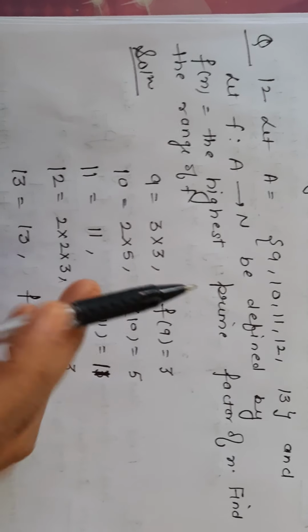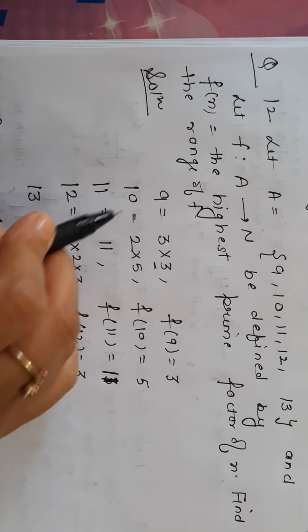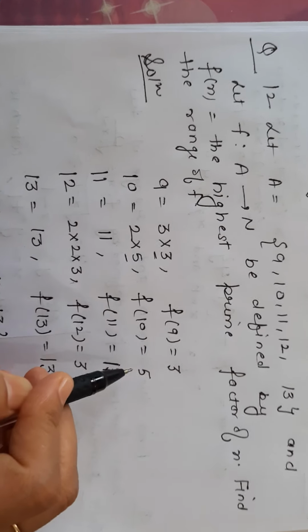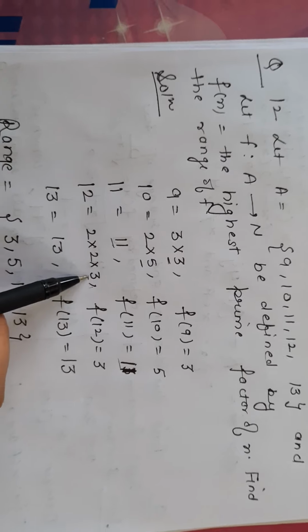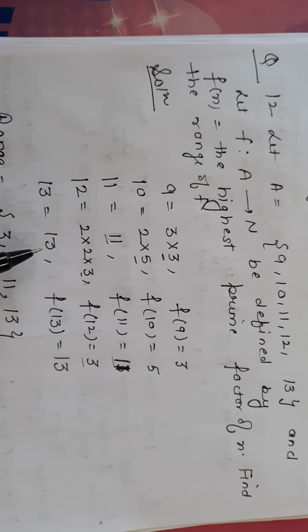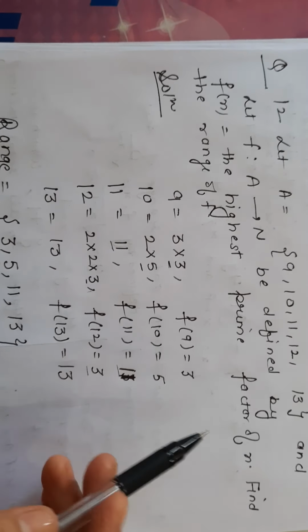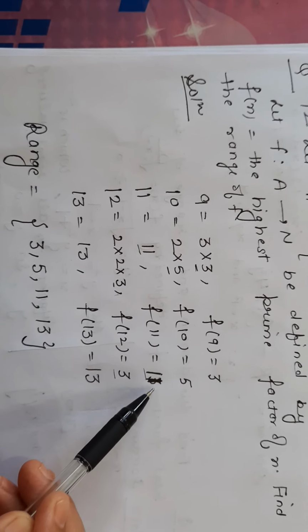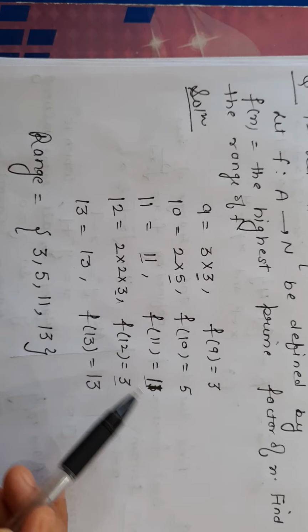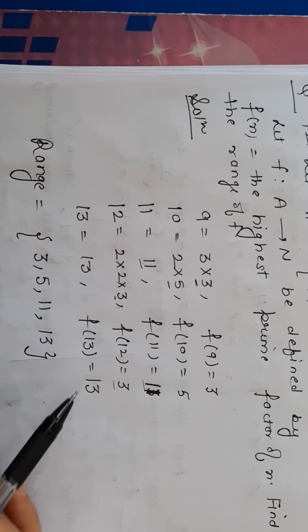So f of 9, the highest prime factor will be 3. f of 10, the highest prime factor will be 5. 11, this is also a prime number. 12, the highest factor will be 3. Then 13, f of 13 is 13. Now if you write the range in the roster form, the answer will be 3, 5, 11, 13. You write an element in roster form only one time.